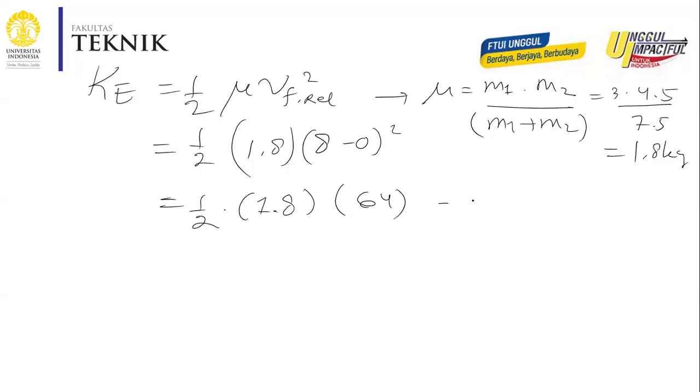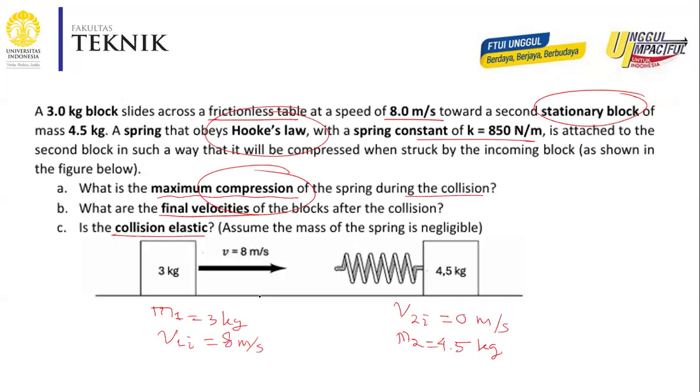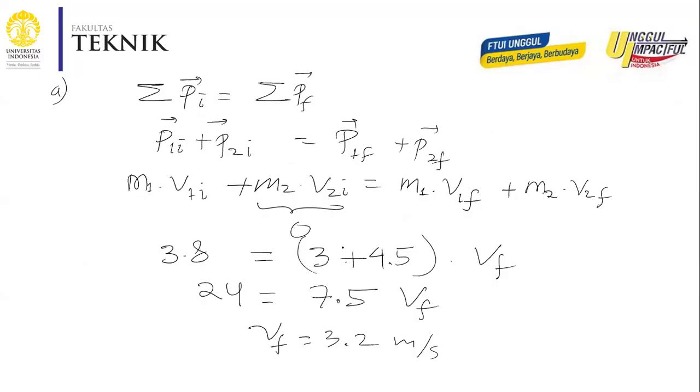So the total kinetic energy becomes 57.6 joules, equal to the spring potential energy. The potential energy of the spring is equal to half k x squared, equal to 57.6 joules. Here the spring constant is equal to 850.